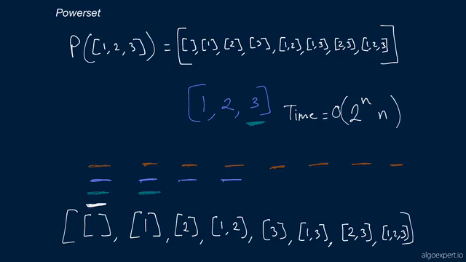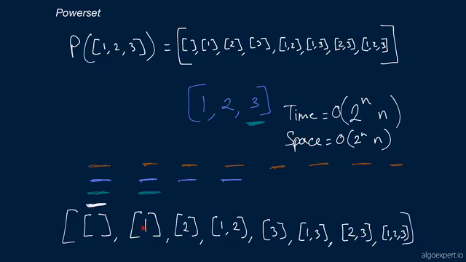And then in terms of space, it's going to be the exact same thing. So space is going to be equal to O of 2 to the power of n times n, because, again, we're storing 2 to the power of n subsets. We've got 2 to the power of n subsets in total.